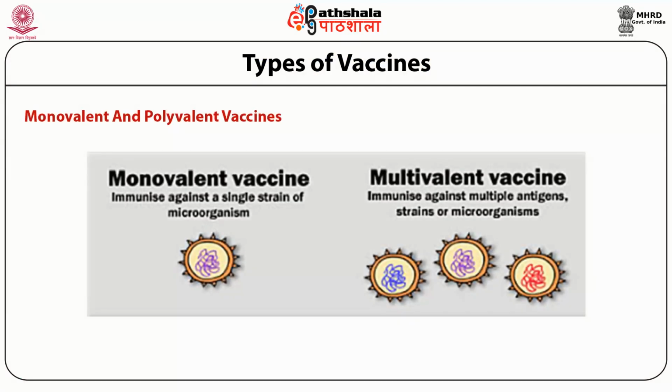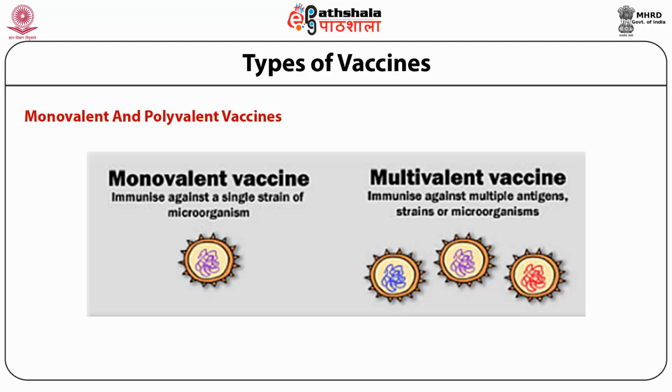Monovalent and polyvalent vaccines. So these are the vaccines. Monovalent are the vaccines which contain a single strain of a single antigen, like measles, which belongs to monovalent vaccine, whereas multivalent vaccine contains multiple antigens, strains or microorganisms. These include oral polio vaccine.